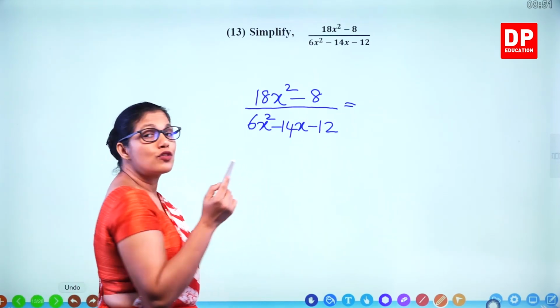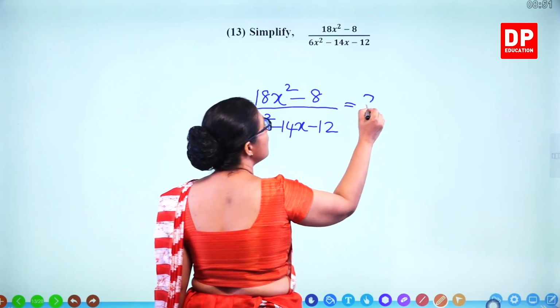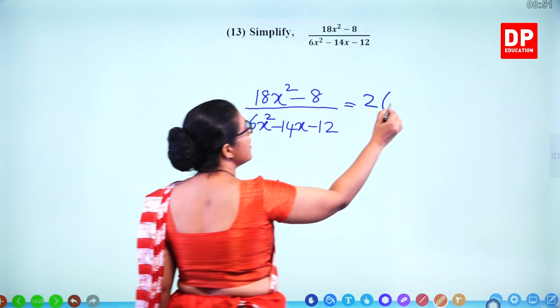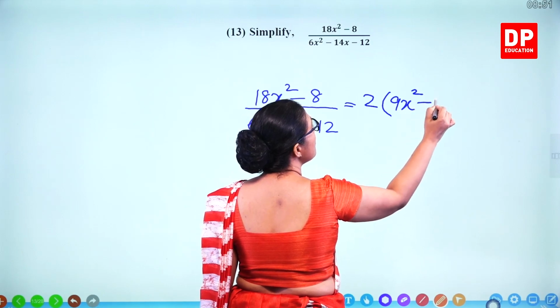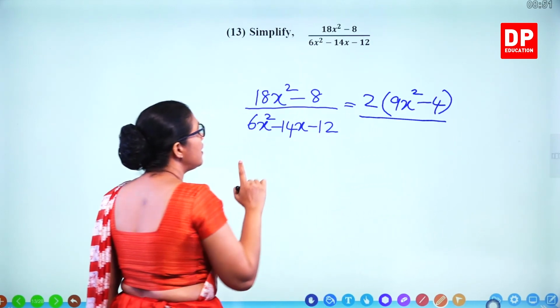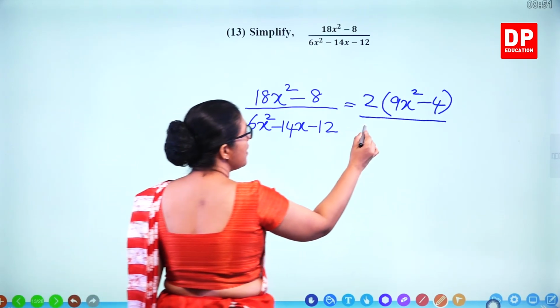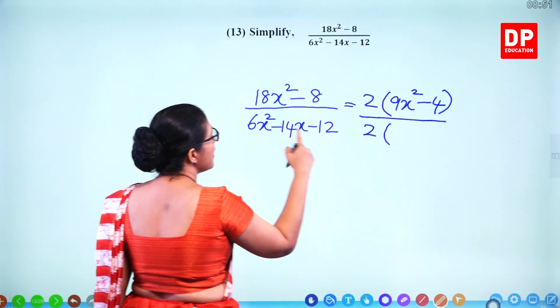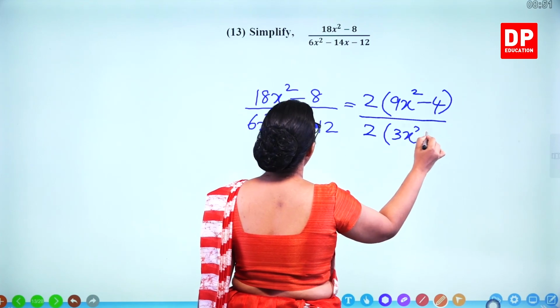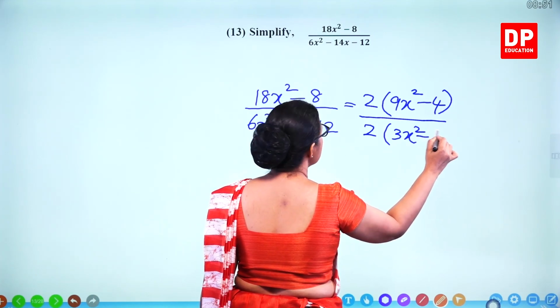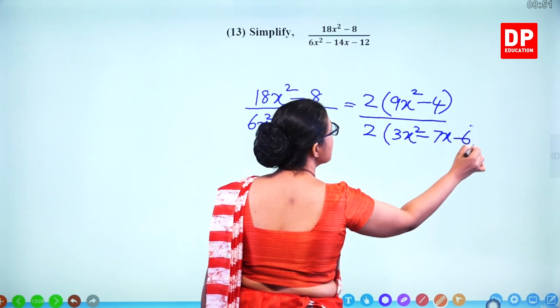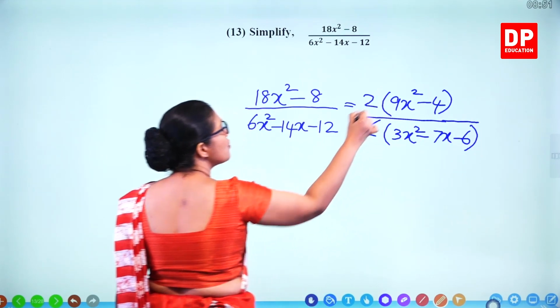Now we'll take 2 from this one. When you take 2, you get 9x squared minus 4. And here you can take 2 from here as well. So take 2, you get 3x squared minus 7x minus 6. 2 and 2 get cancelled out.